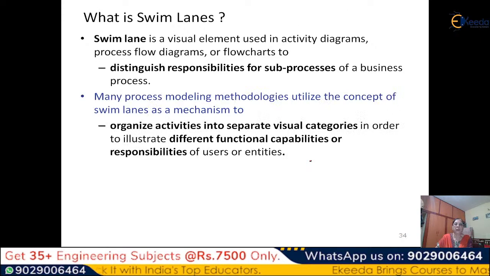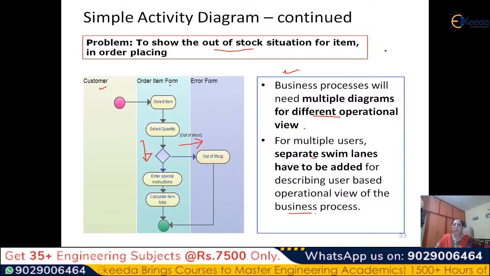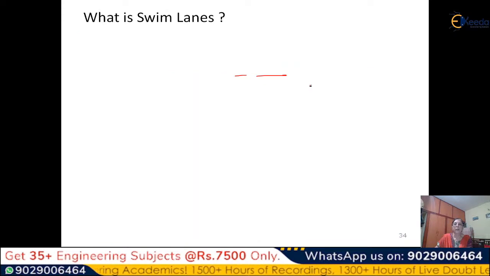So what is a swim lane? That is what I told a little earlier. A swim lane is a visual element used in activity diagrams or process flow diagrams to distinguish between responsibilities for sub-processes. Like in the last slide, I told you multiple diagrams for different operational views, and multiple users for separate swim lanes.